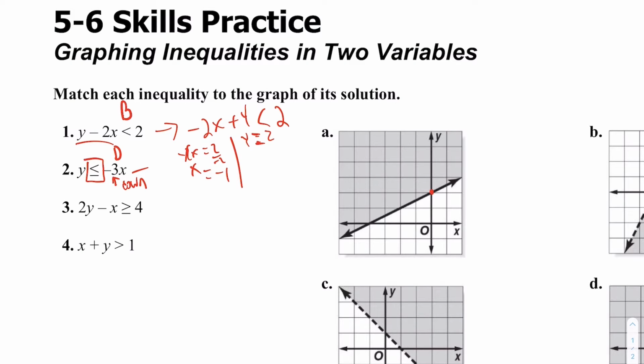In number 3, we need to first start off by changing it into standard form. We put x first plus 2y greater than or equal to 4. Then we'll solve for the two intercepts. Let me put 0 for y first. Negative x is equal to 4, which means x is equal to negative 4. That's the x-intercept. The y-intercept would be 2y equals 4.